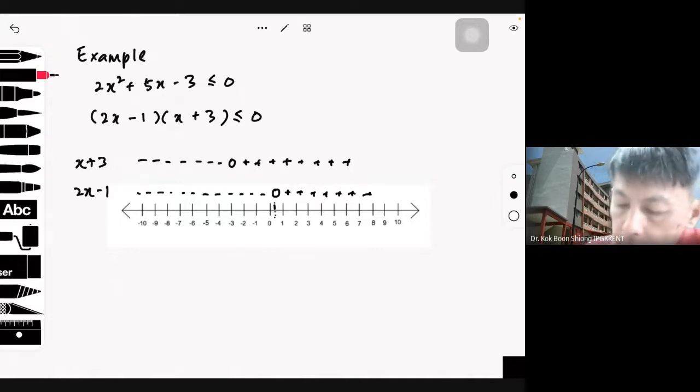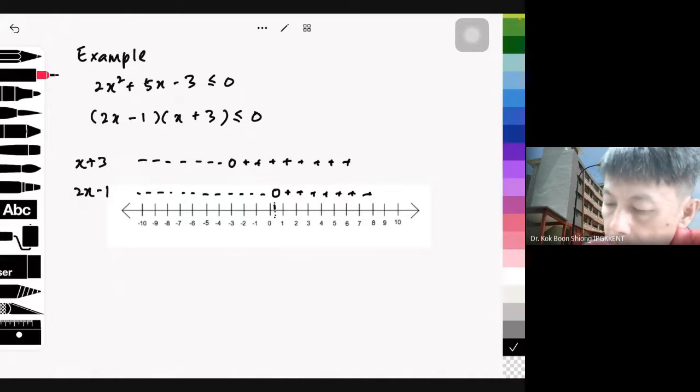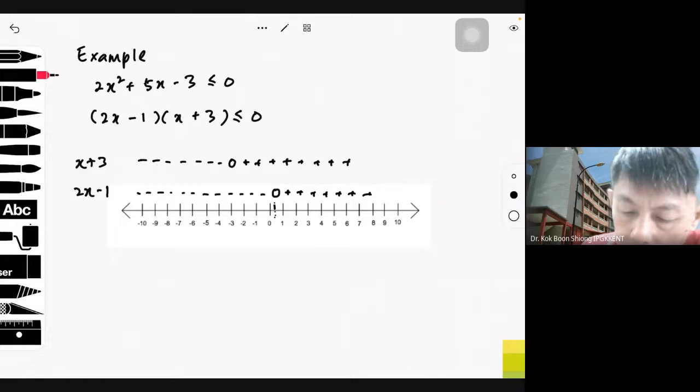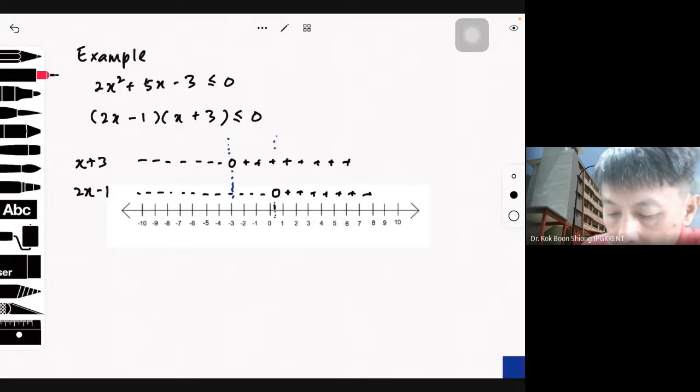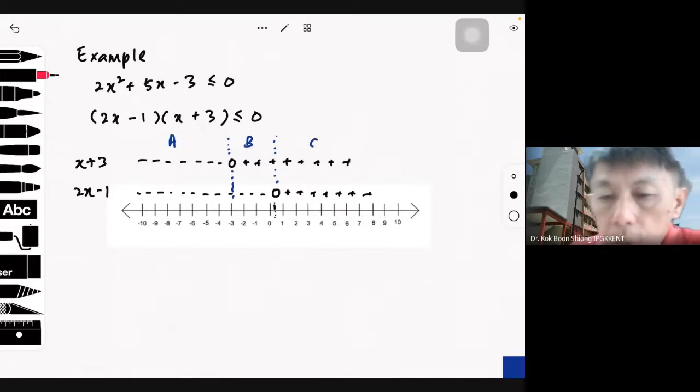So where is the region? We only have three regions, right? Let's say A, B, and C. Which area should we take?